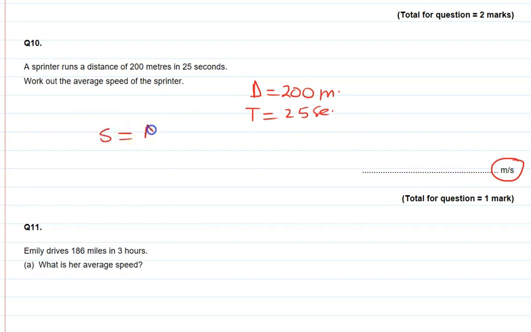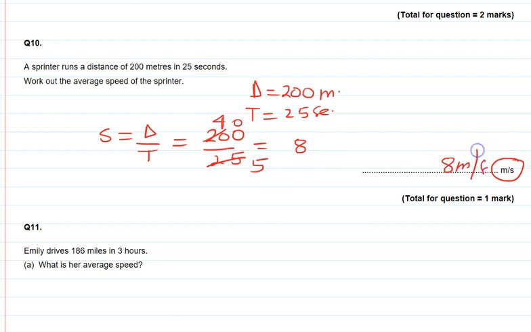Speed is equal to distance over time. So distance is 200 and 25. We can simplify it by dividing by 5. So it will be 5 and it will be 40. 40 divided by 5, that is 8.